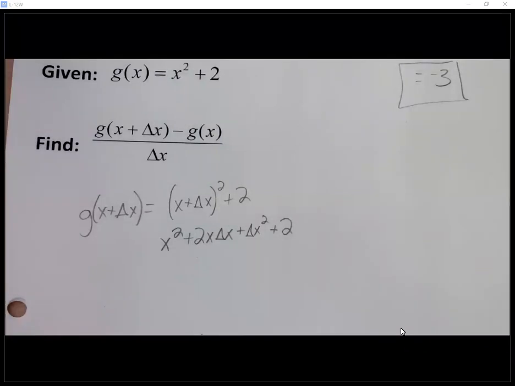Okay, so now that we have this, go ahead and pop it in and see if you can simplify and see what comes out.